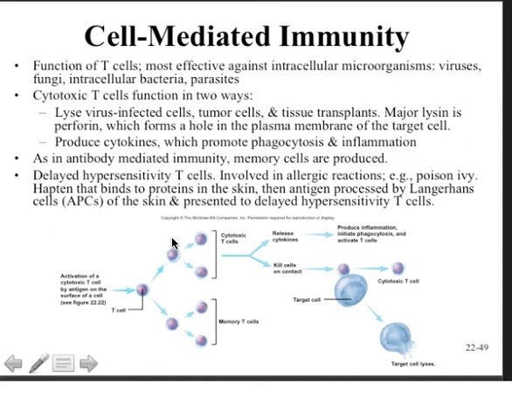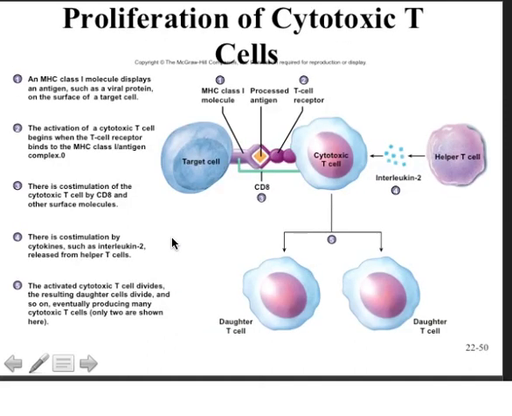In this phenomenon, the hapten binds to proteins in the skin, and then the antigen processed by the Langerhans cells of the skin present it, and this results in delayed hypersensitivity in the T cells, because what happens is that we produce histamine release as a result of mast cells releasing the inflammatory chemicals, and we generate the characteristic blisters, reddening, and itching that we associate with exposure to these types of haptens.